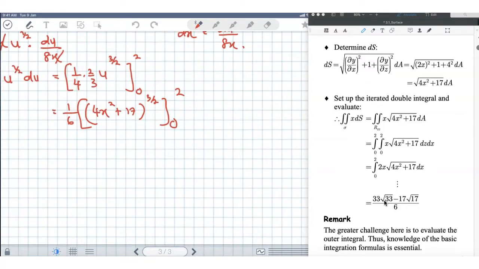Be careful when you replace that, it is easy to make a mistake. So 1 over 6, and replace 2: 2 squared is 4, times 4 is 16, plus 17, to the power of 3 over 2, minus 17 to the power of 3 over 2.